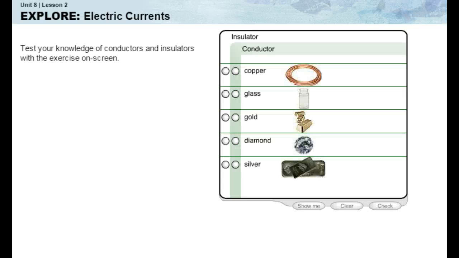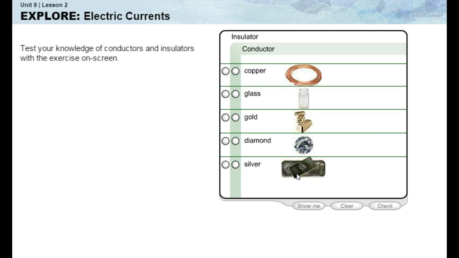Test your knowledge of conductors and insulators with this on-screen activity. What you would be required to do here is decide which of these is an insulator. Is it copper? Is it glass? Is it gold? Is it a diamond? Or is it silver?